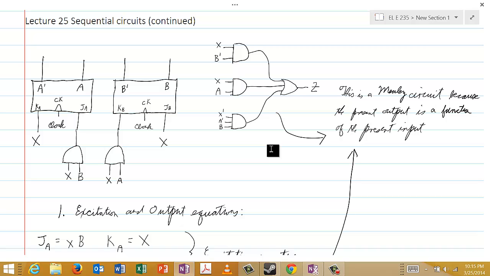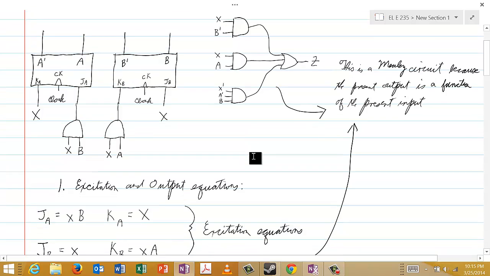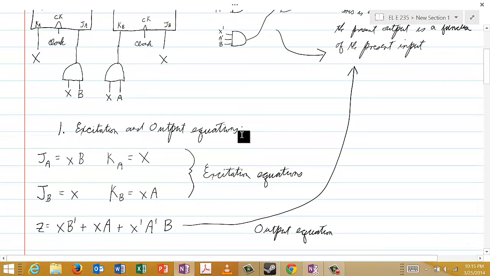We don't worry about that very brief time while the clock is changing. We'll only want to look at other times and predict what Z is at these other times in response to a given X sequence. So now, having said all of that, we can proceed with our analysis.